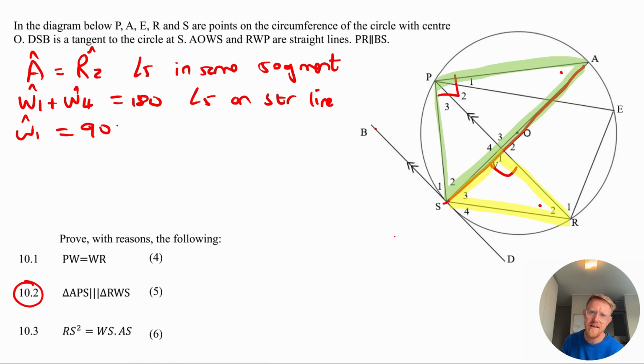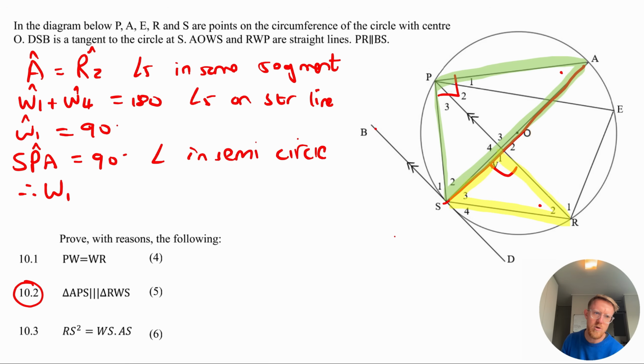So we can say that angle SPA equals 90 degrees because of angle in semicircle. So therefore we can say then that W1 is the same as angle SPA. So now what we've done so far in these triangles is we have shown that these two angles are the same, and then these two are the same.